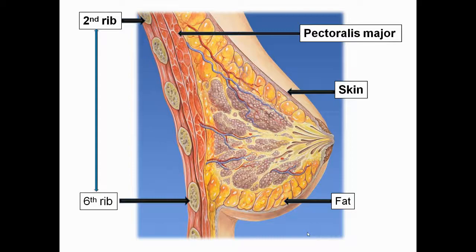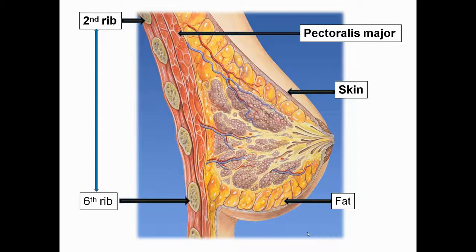So, we can see in this picture how it is located, and this is the second rib, and we can see the sixth rib also. So vertically it is present from the second rib to the sixth rib.